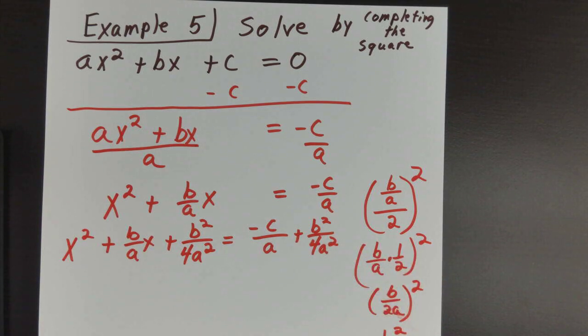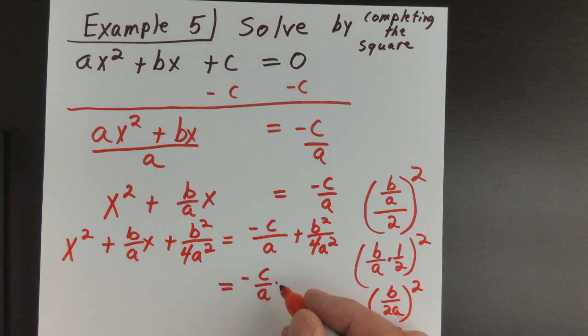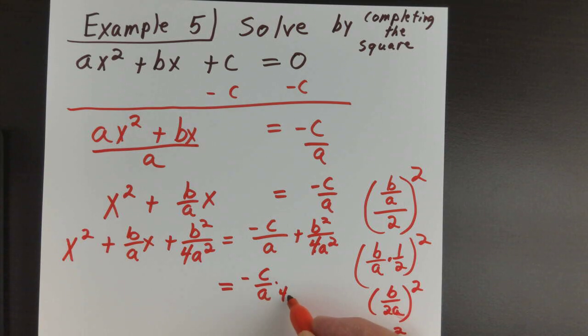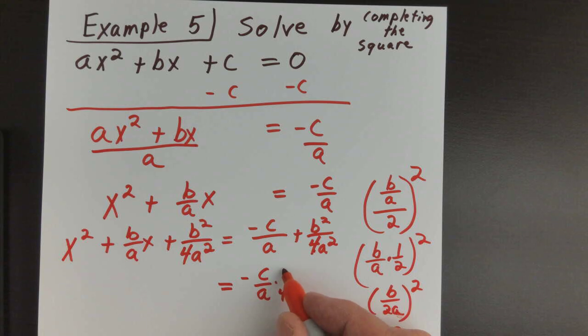And I want to get this into one fraction. So if I take the negative c over a and multiply it, notice that I would need the 4, and I would need another a to get 4a squared.